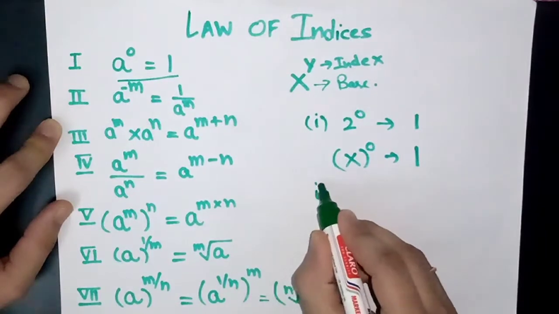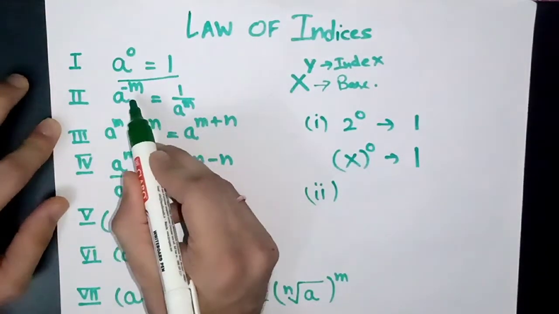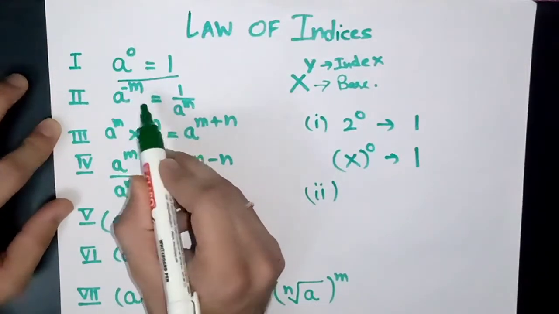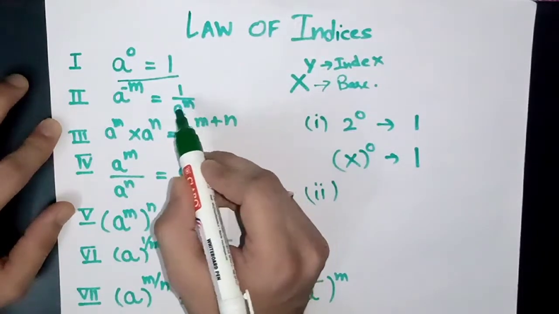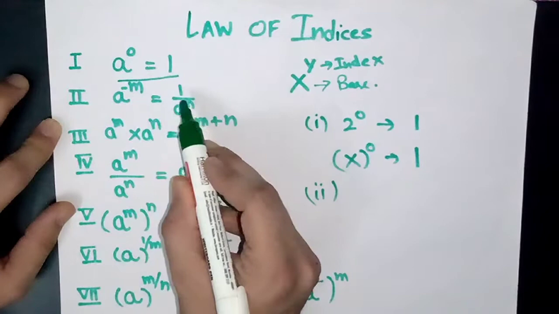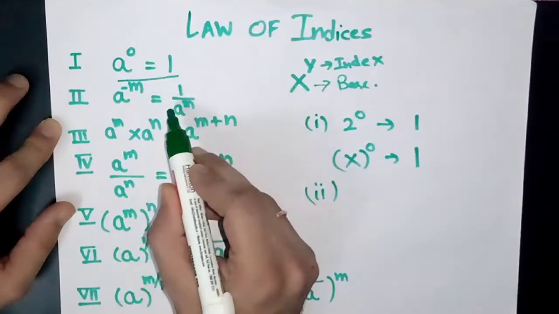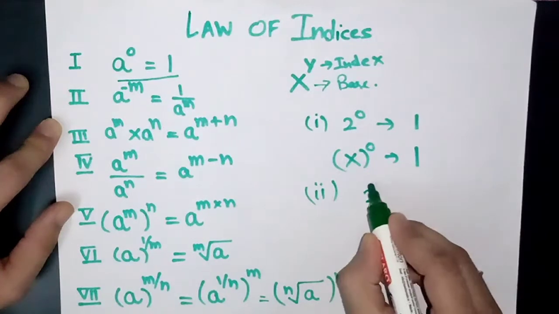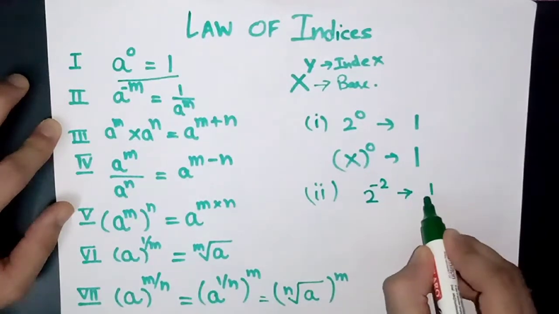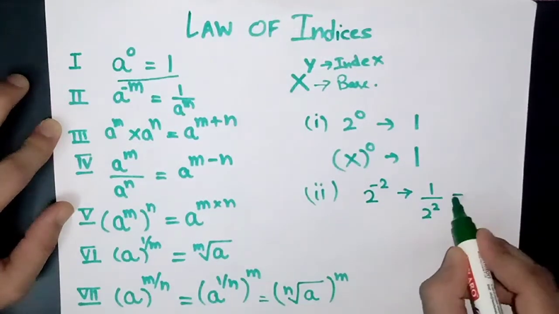The second rule says a to the power minus m is equal to 1 by a to the power m. For example, 2 to the power minus 2 will be written as 1 by 2 to the power 2, which is 1 by 4. Very simple.